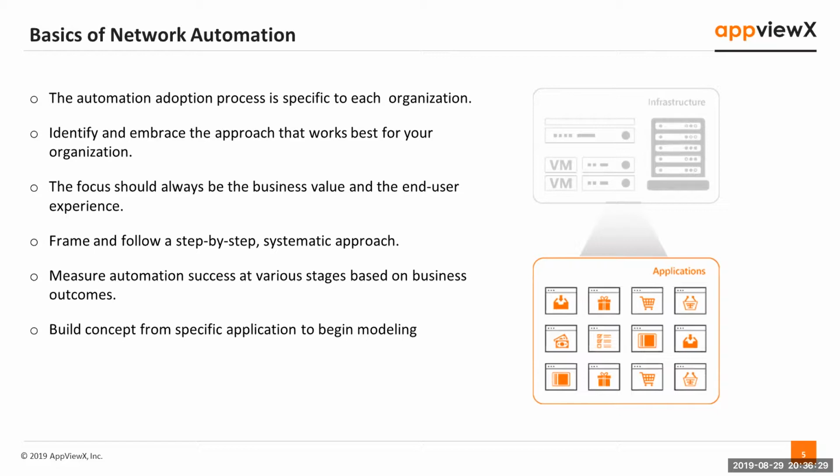You'll want to focus on the overall business value and the end user experience. You'll want to break down and follow step-by-step systematic approaches to creating an automated orchestration sequence of tasks. And you want to measure those automation successes at various stages.